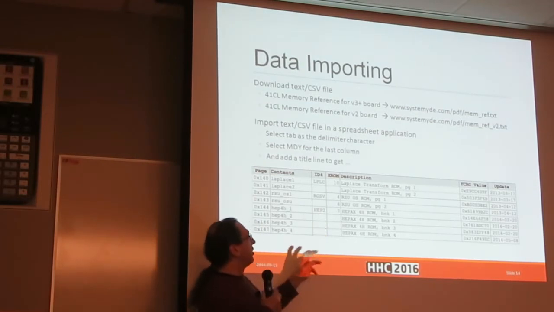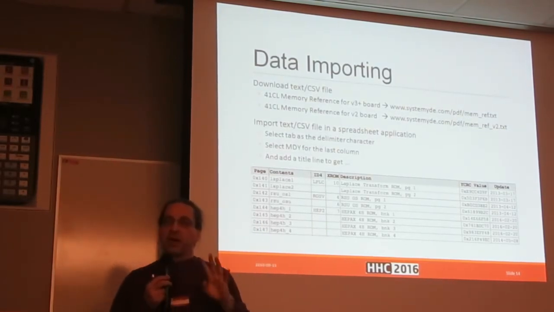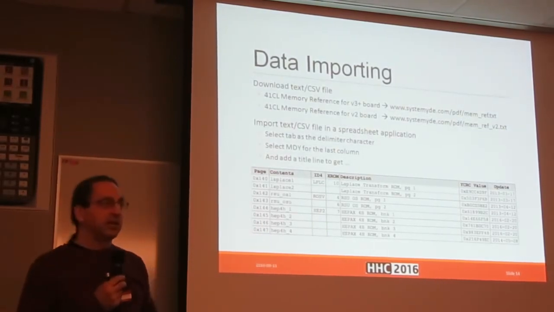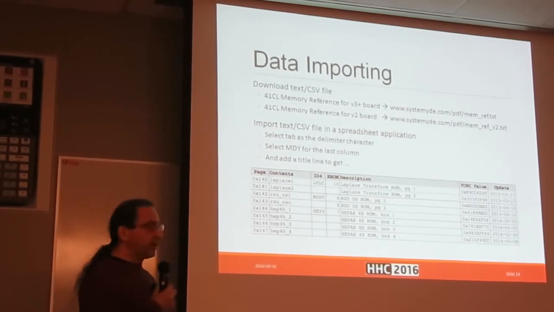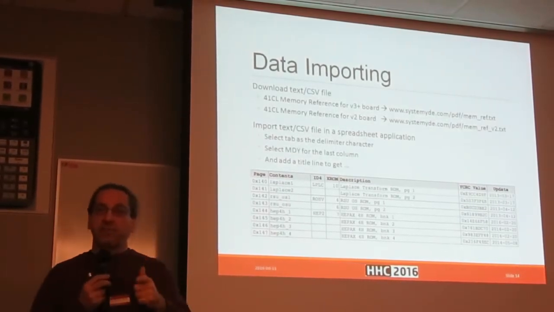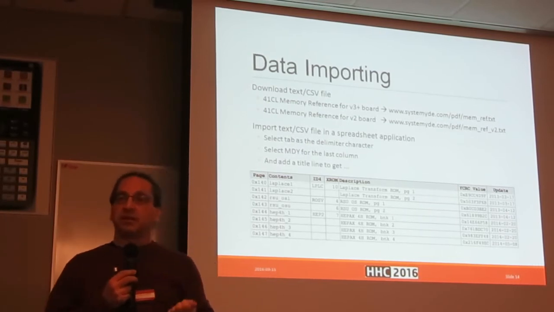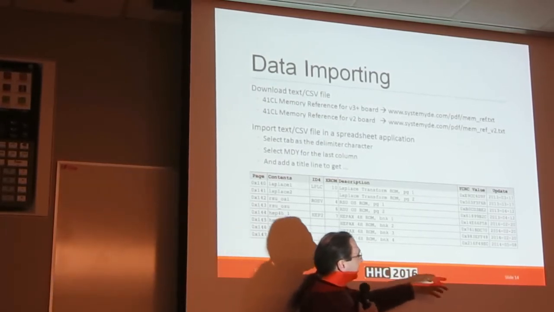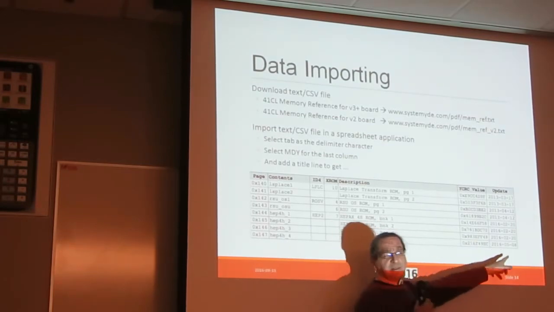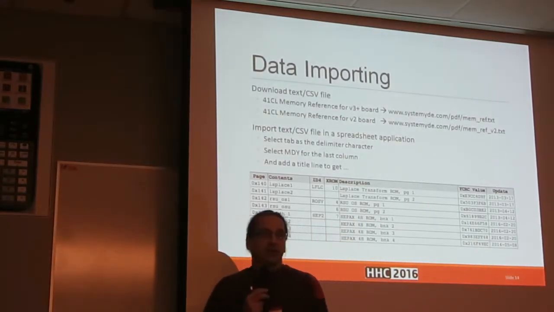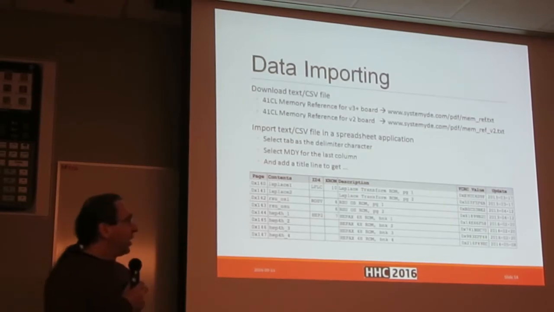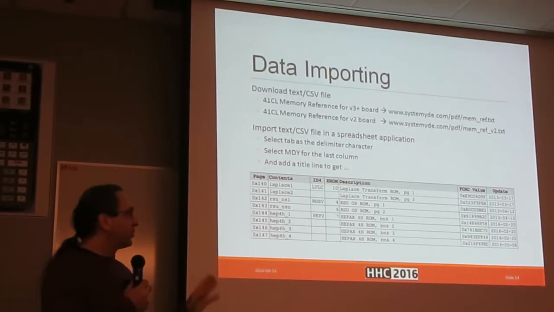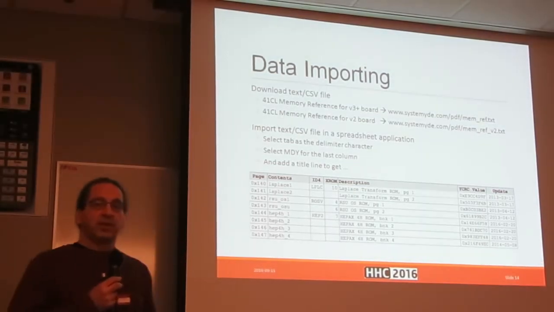The ID, what I call the ID4, is a 4-letter ID that you have to use when you want to map that into a 41CL. Then the CRC value and the date it was updated. So the CRC, that's the first thing you need.